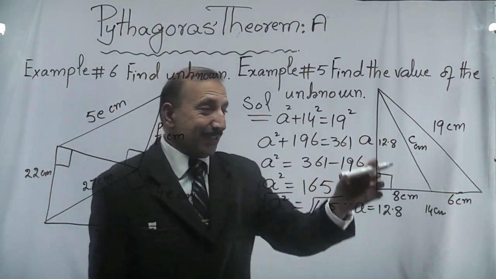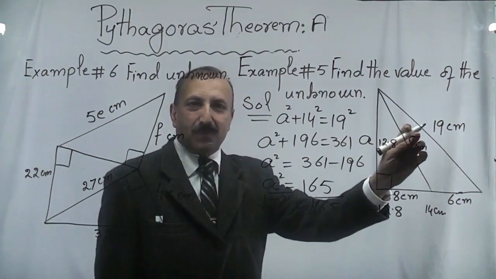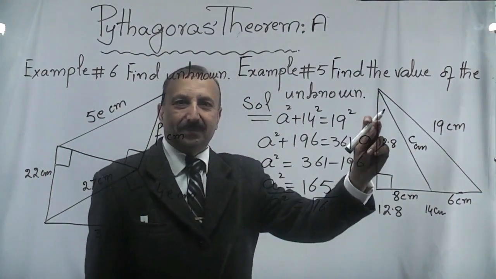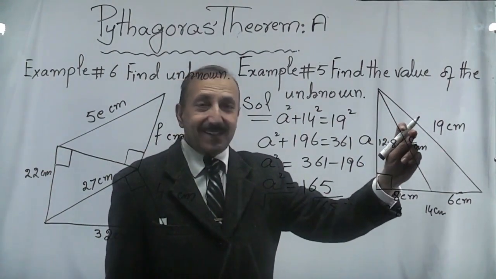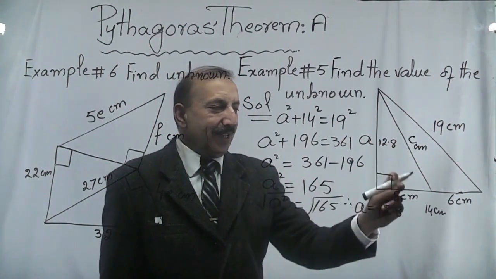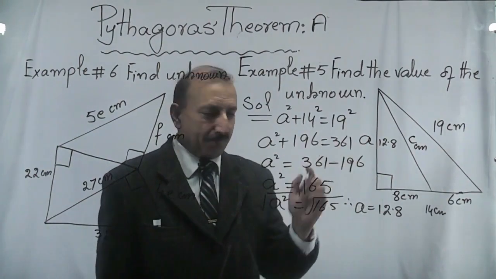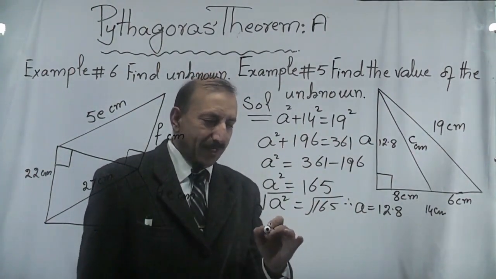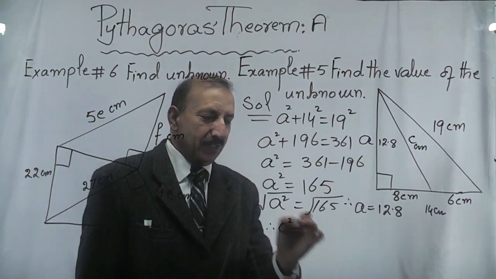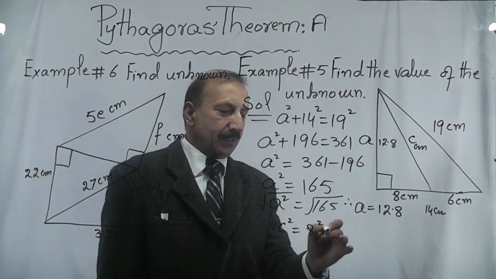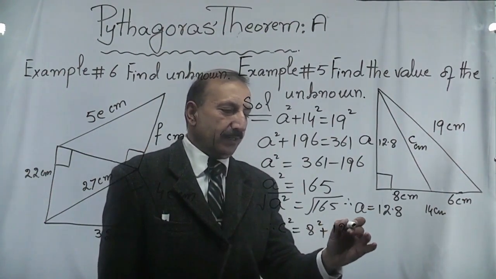Now this journey will help us to reach up to C. In this triangle, we will focus that C is the hypotenuse, and 8 and 12.8 are legs. Therefore, to find C, C square will be equal to 8 squared plus 12.8 squared.